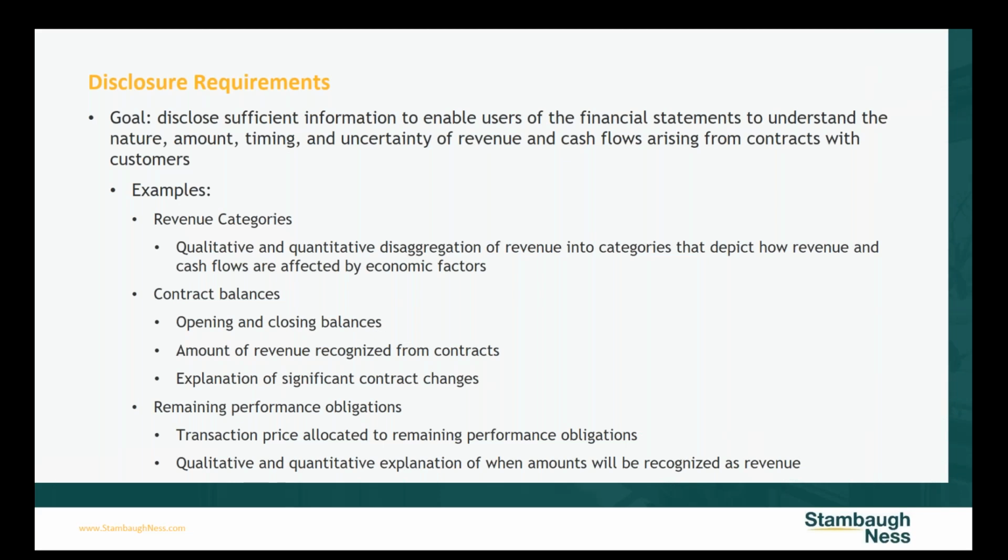So really taking your revenues and disaggregating them into different revenue categories as far as how the revenue is received, what's affected by economic factors, what revenue streams are related to contracts. And that could be qualitative and quantitative information in regards to those contracts, opening and closing balances, amount of revenue recognized from contracts, any significant contract changes.